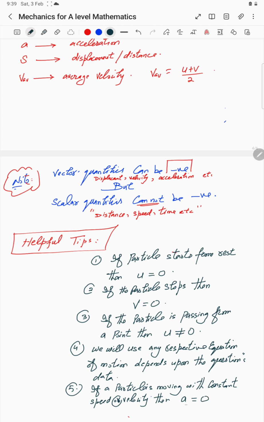So these are the points which you need to keep in mind. Now we are proceeding towards the solution of a few numerical problems based on this data.